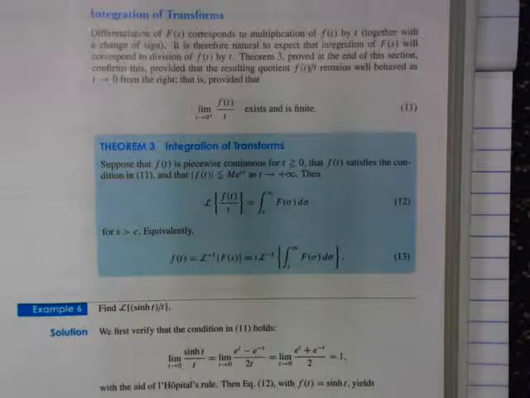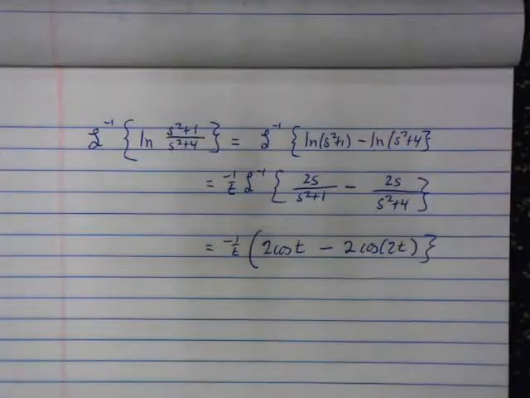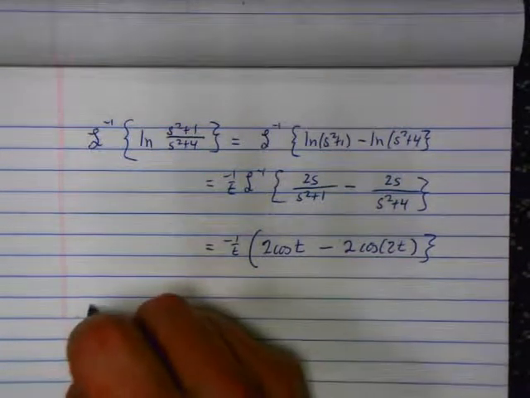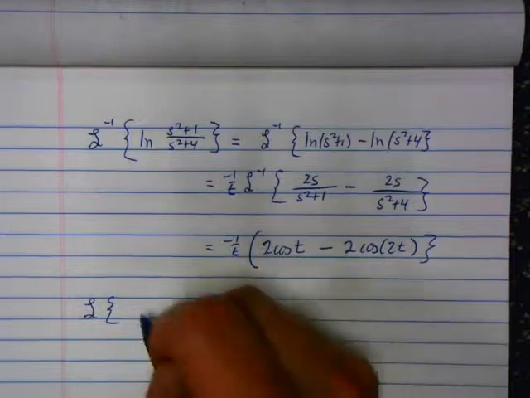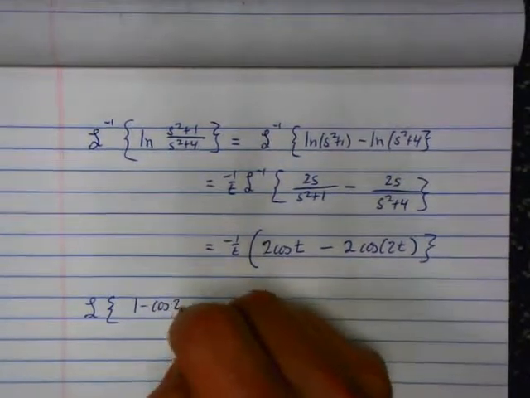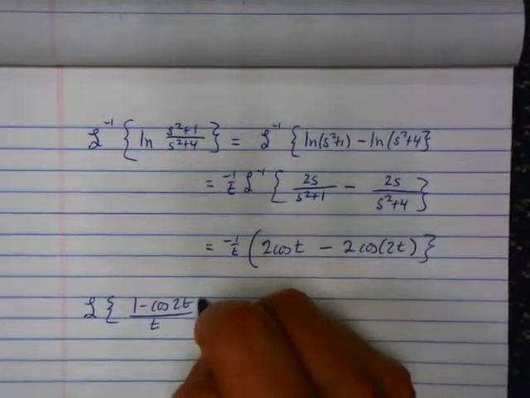Okay, so these sort of problems are going to look like this. Find the Laplace transform of 1 minus cosine 2t, all over t.